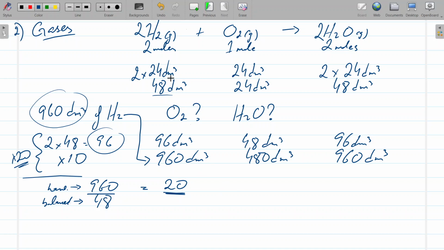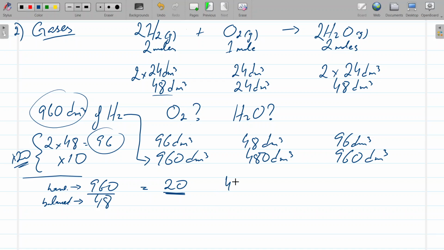Because if you're using 20 times more hydrogen gas, you will need 20 times more oxygen as well, and you will produce 20 times more water vapor. Does that make sense, Sobia? Right?